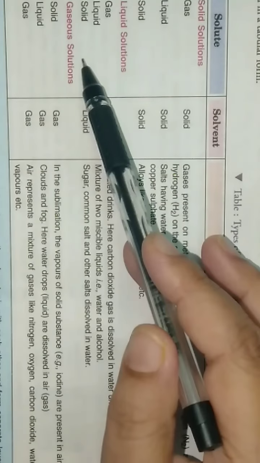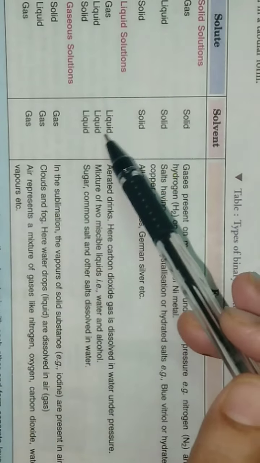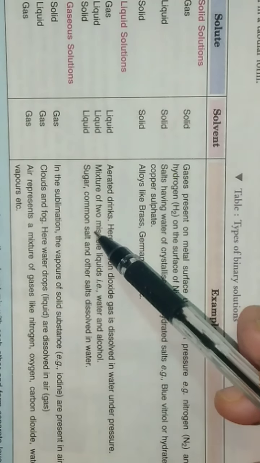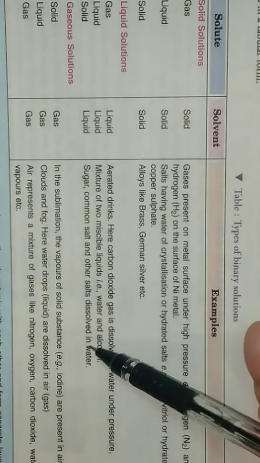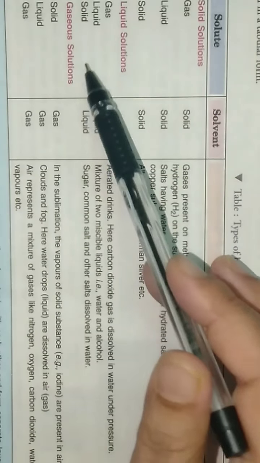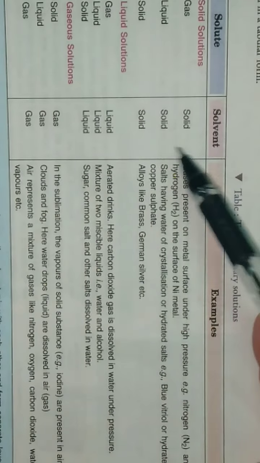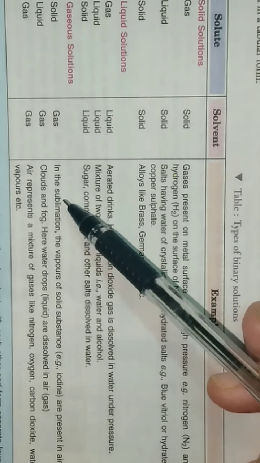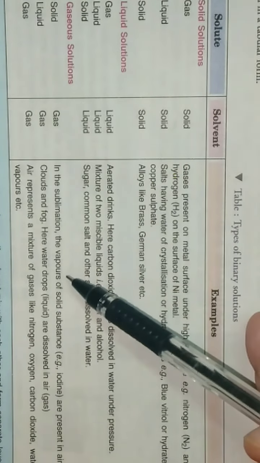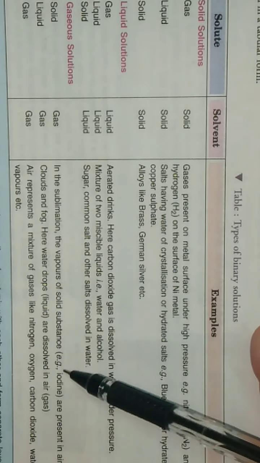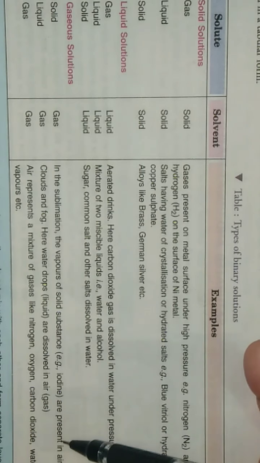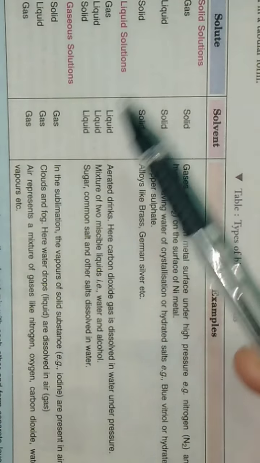And the next is solute solid and solvent liquid: sugar, common salt and other salts dissolve in water. And the next is gaseous solution. Solute solid and solvent gas: in sublimation, the vapor of a solid substance, for example iodine, is present in air.